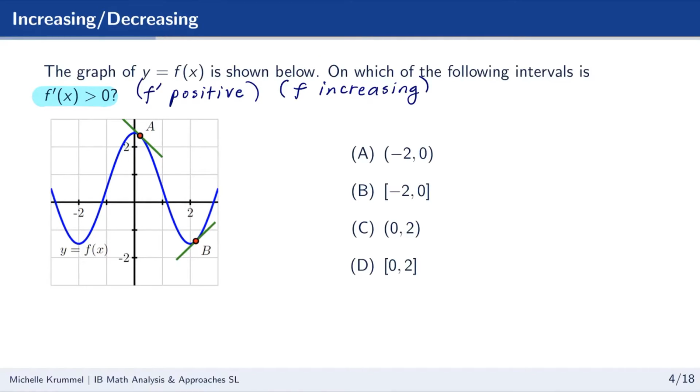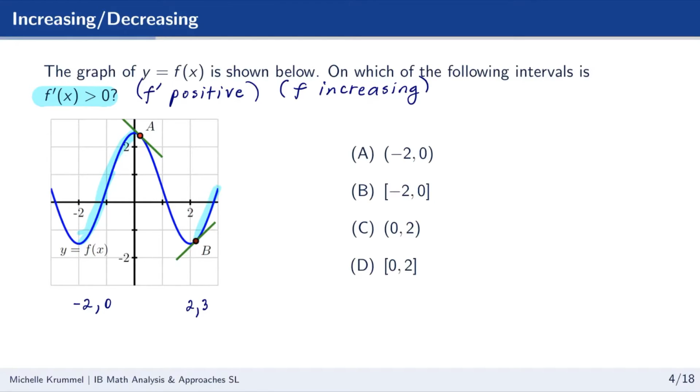Where is f increasing? So f is increasing here on this part of the graph right here, and then also right here. Okay, so on the interval from -2 to 0, and then from 2 until 3 if we just stop the graph at the end of our viewing window here.